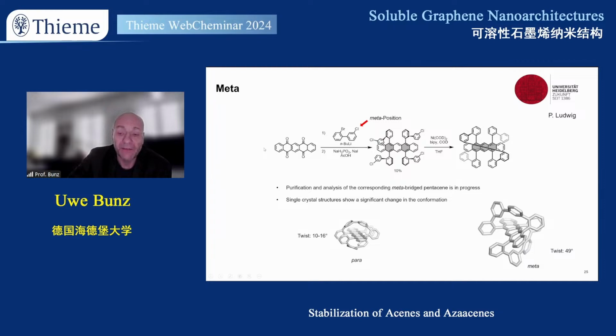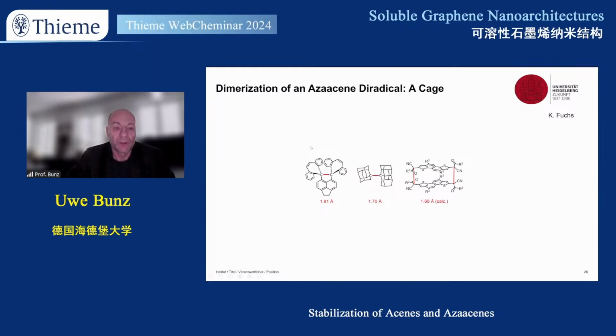But in that case here, your backbone is now twisted, which is interesting for chiroptical and similar applications. So this twist here is 49 degrees, and in the other case, it's only like 10 or 16 degrees. Good. So that's one of the areas we, of course, want to explore further.